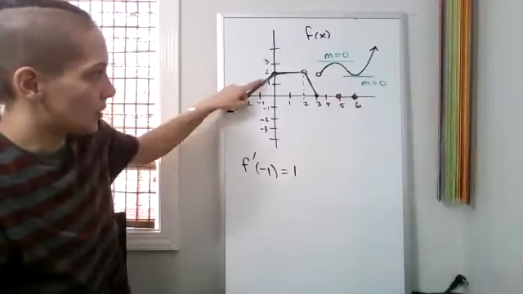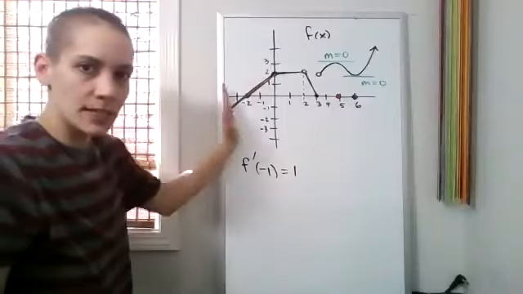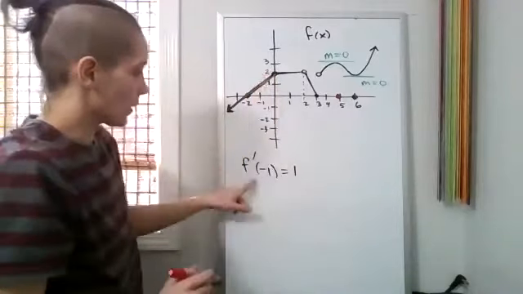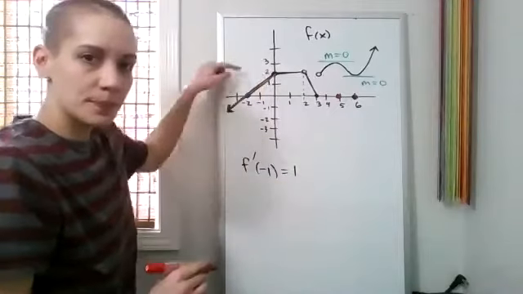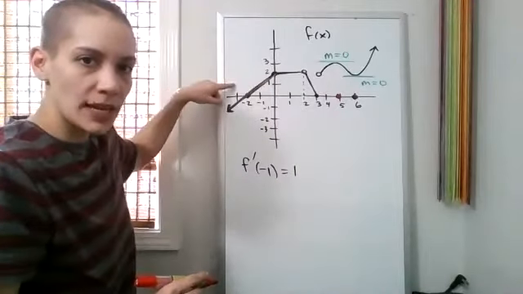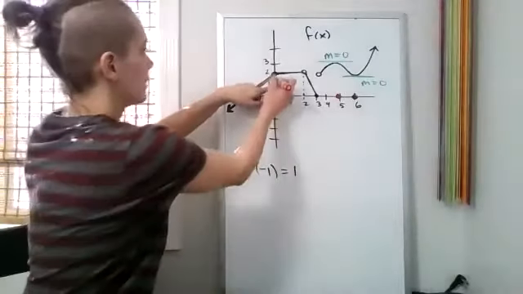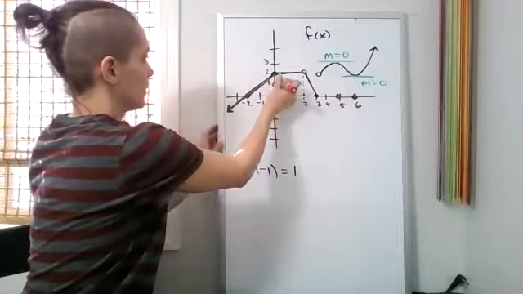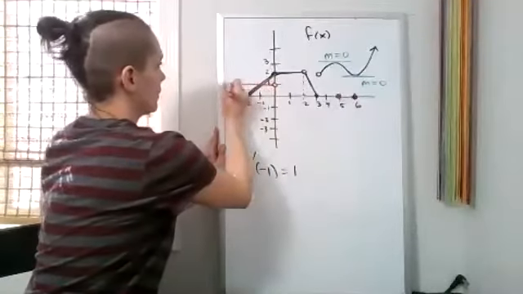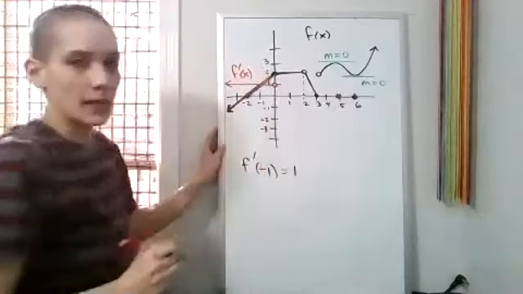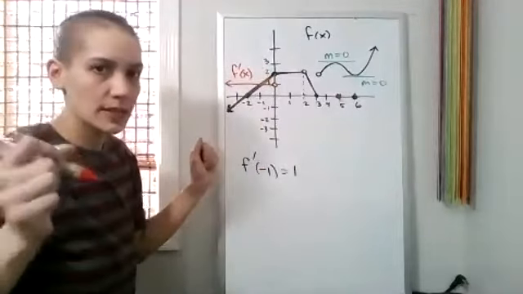There's a slope of 1 all the way from negative infinity to x equals 0, so f prime is going to go flat at 1 up till here.